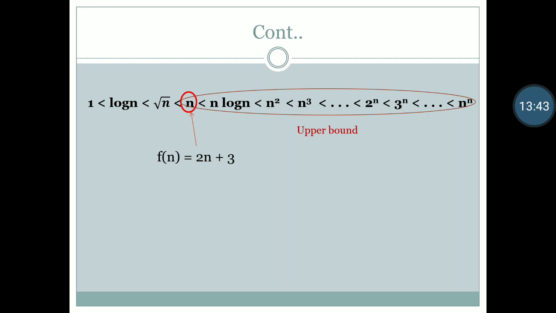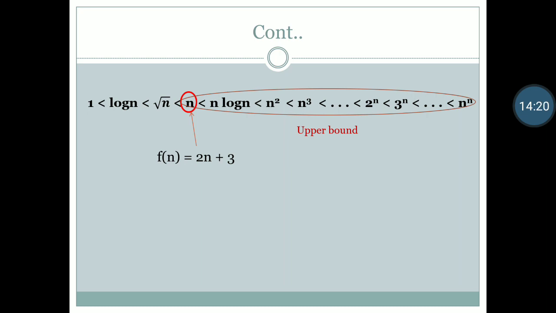So if our function is of order of n, then for big O notation it will be true for all the upper bounds, meaning it will be true for n log n, it will be true for n square, it will be true for 3 raised to n. But we will use only that g(n) which is closer to our function.